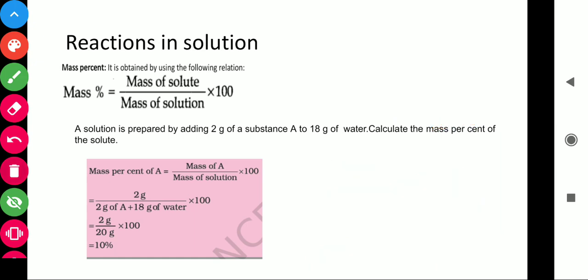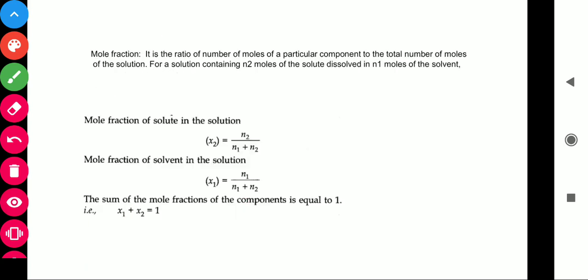The next one is mole fraction. Mole fraction is another way in which we calculate the concentration. This is a fraction of moles, as is clear from its name. It is the ratio of moles of a component of solution to the total.